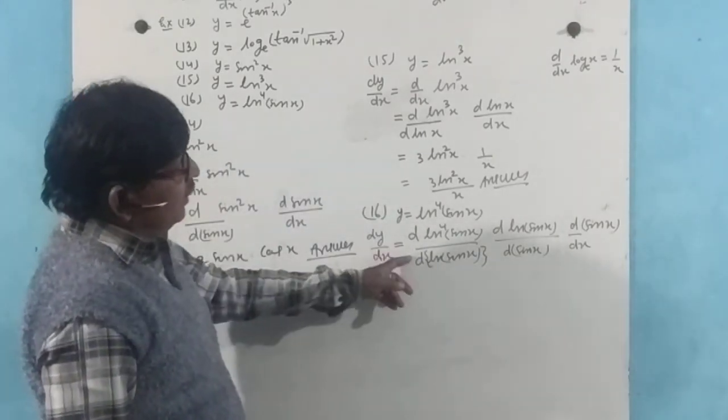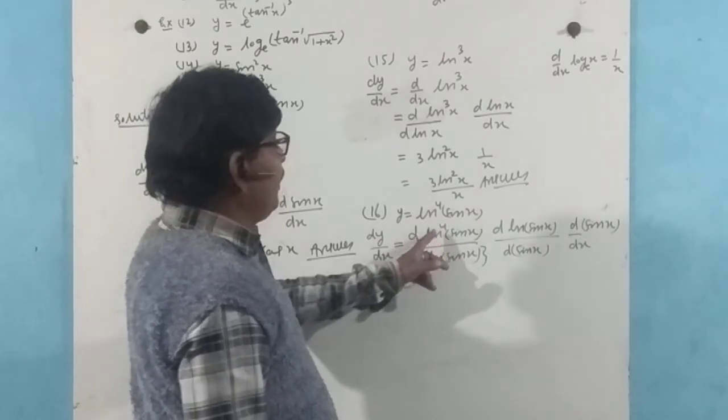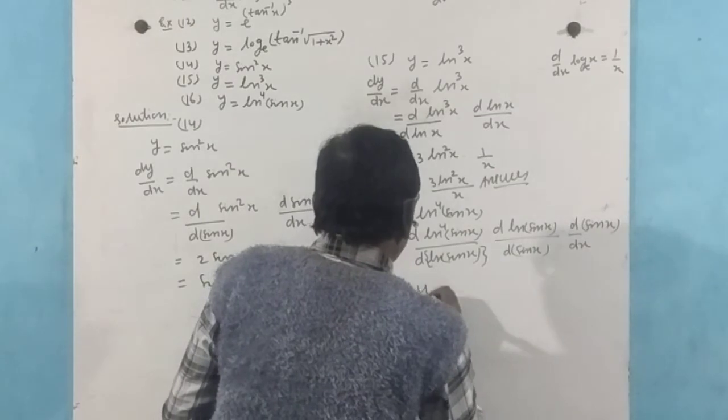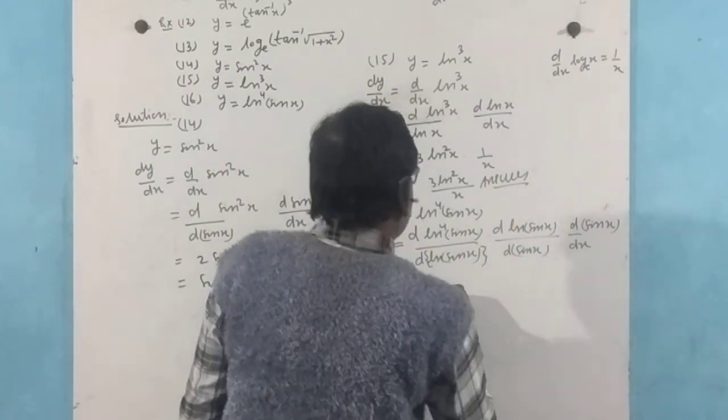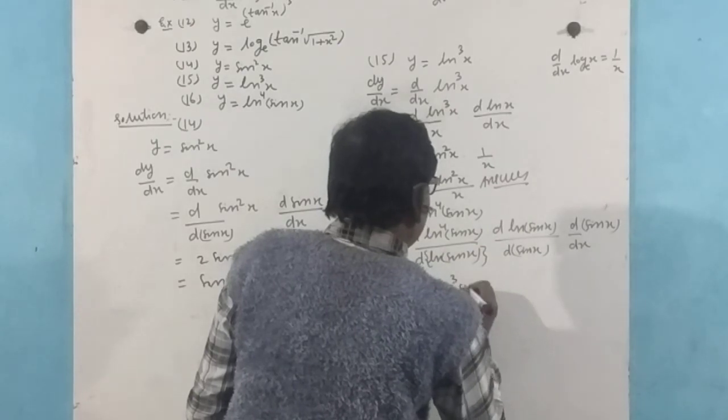Now d by dx x to the power n is n x to the power n minus 1, so that 4 comes here, 4 (ln sin x) to the power 3.